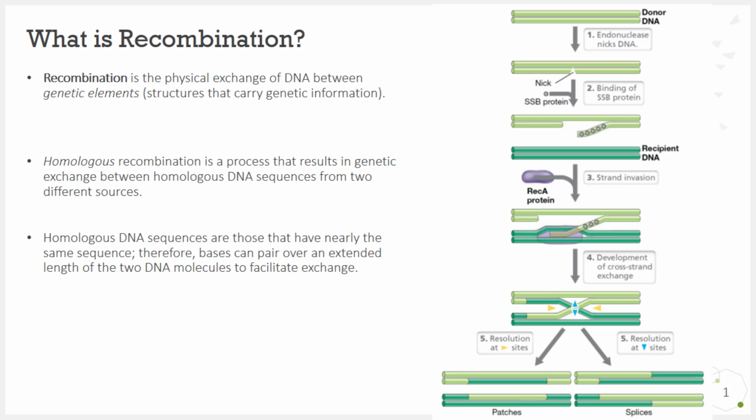Some sequences from the dark green chromosome, known as the recipient DNA, will go and attach itself to the light green DNA, known as the donor DNA. Because of that, we get a recombination of genetic elements and of genetic traits as well. So this is one process by which genetic diversity is fueled.